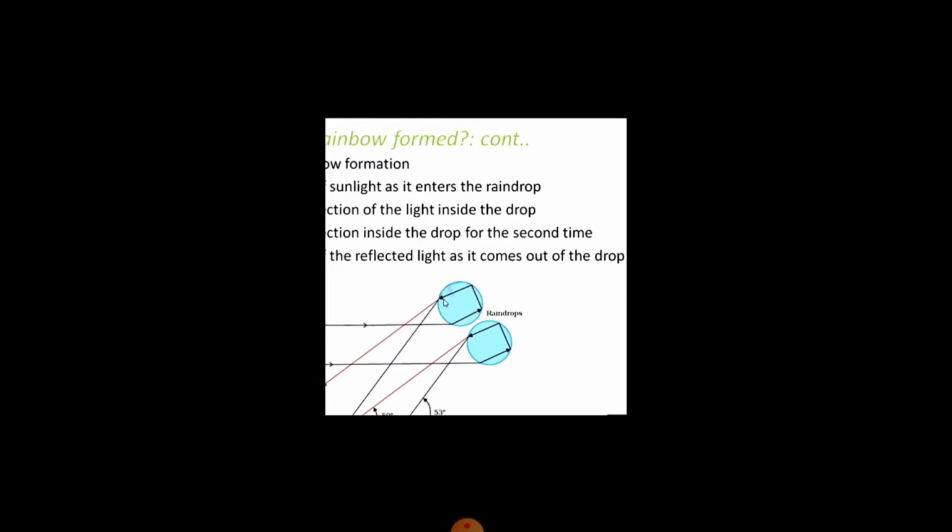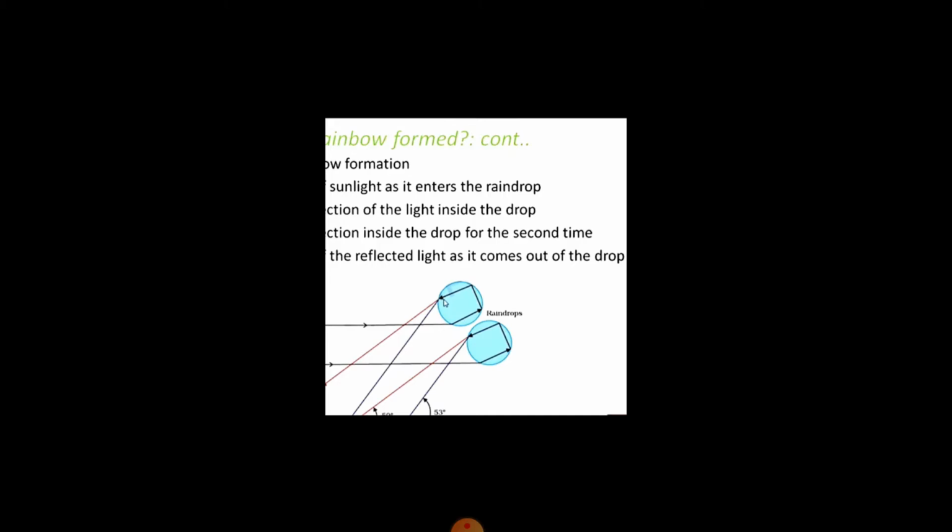Now let's look at the formation of the secondary rainbow. Let's see what the difference is in this case. In the secondary rainbow, refraction of sunlight also takes place first as sunlight enters the raindrop. Then internal reflection also takes place. Here you can see how the sunlight enters the raindrop, and this is how the internal reflection takes place. But in this case, internal reflection takes place inside the drop for the second time.